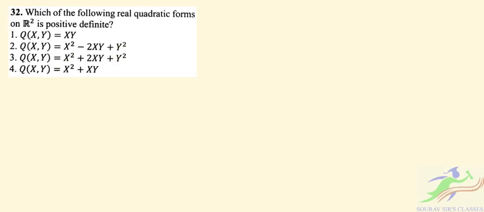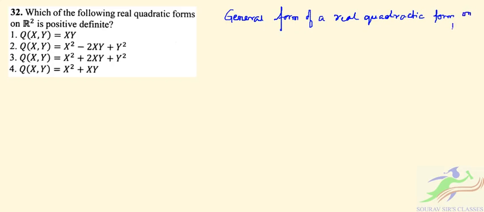Question number 32 says, which of the following real quadratic forms on R2 is positive definite out of the 4 options? So let us write the general form of a real quadratic form on R2.